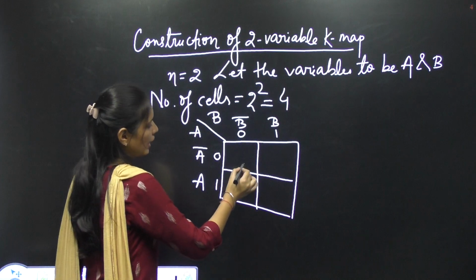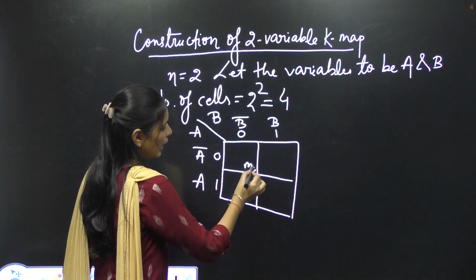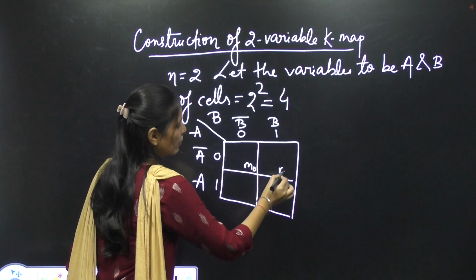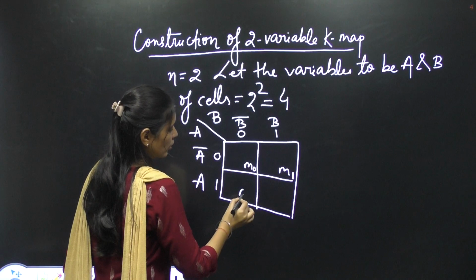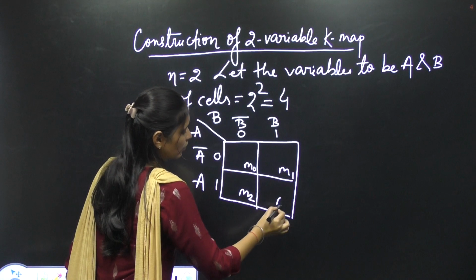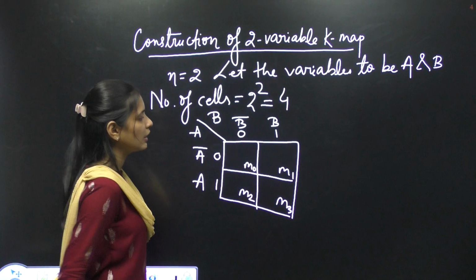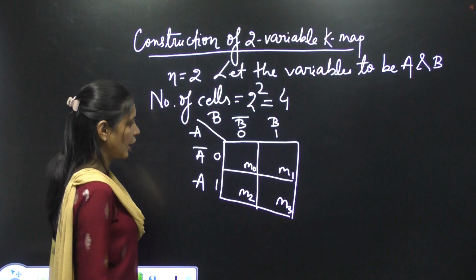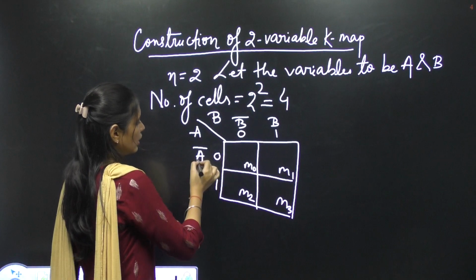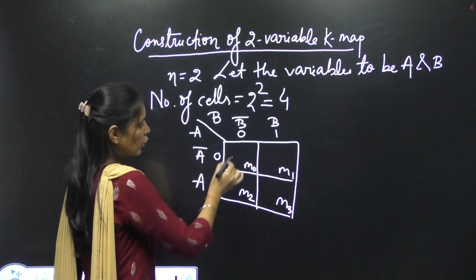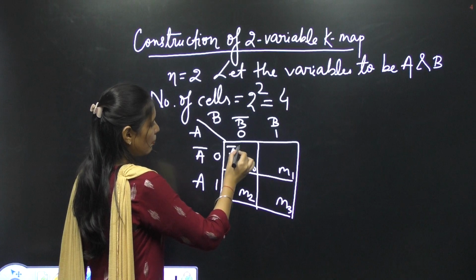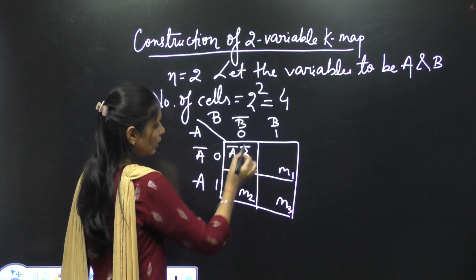So I will be having the min terms, M0 here, this will be my M1, this will be my M2 and this will be my M3. I will represent the values in the K-map as A bar and B bar, so A bar into B bar here.